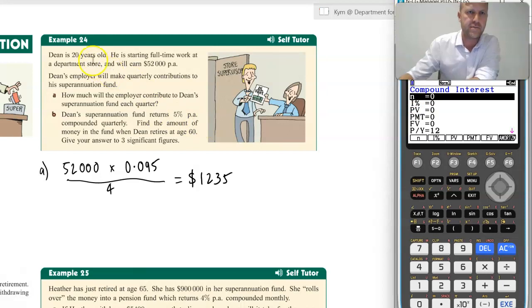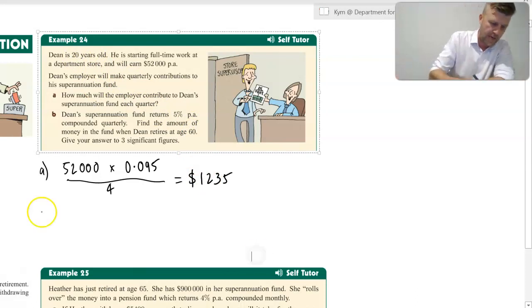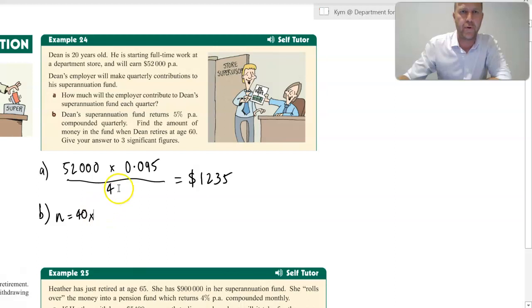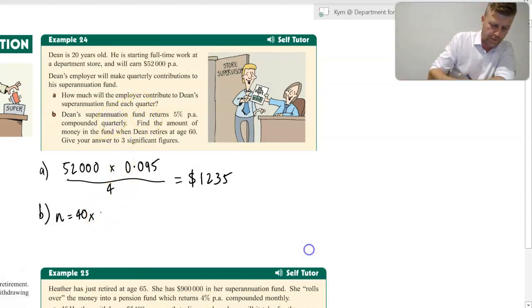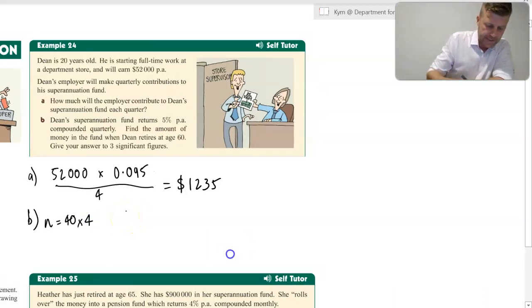If Dean's 20 and he's going to retire at the age of 60, we're talking about 40 years. So for B, the value of N is going to be 40 times by how often it's compounded per year. In this case, it's quarterly. So 40 times 4, it's going to be my value of N, or 160.